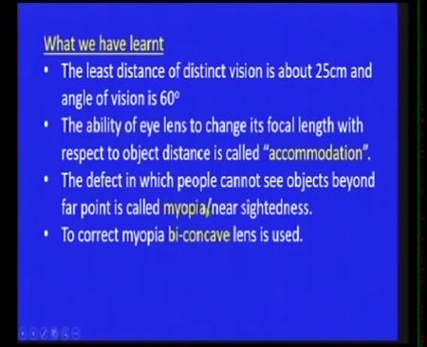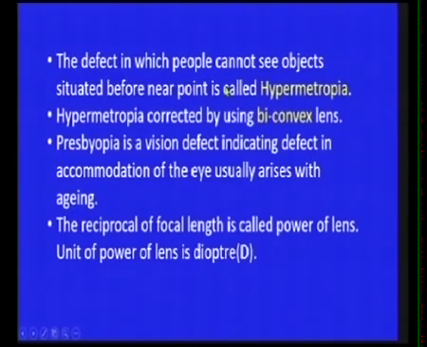The defect in which people cannot see objects beyond the far point is called myopia, also known as nearsightedness. To correct myopia, we use a biconcave lens. The defect in which people cannot see objects situated before the near point is called hypermetropia. Hypermetropia is corrected by using a biconvex lens.